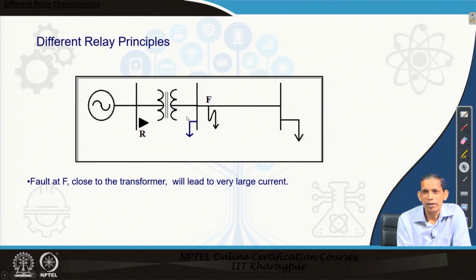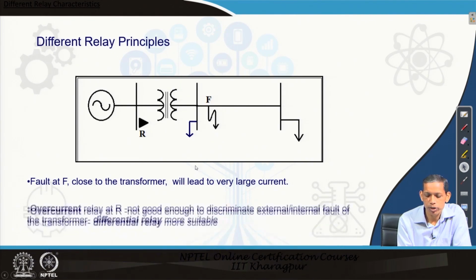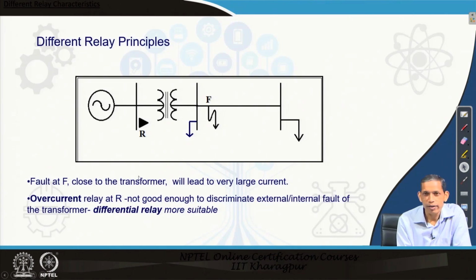That means we require different principles for better protection of the different elements, and in this case, for a transformer, a better protection scheme can be the differential relay principle using sensors at both sides of the element.